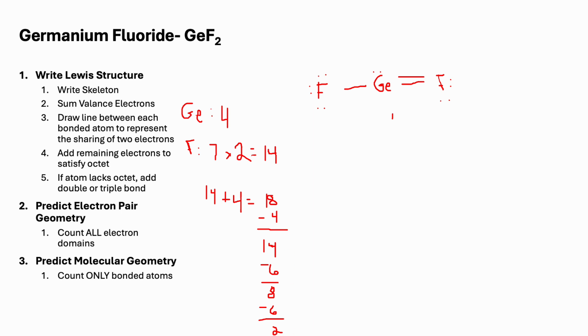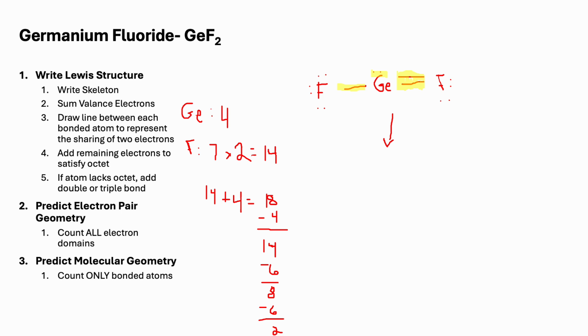And so we are going to predict its electron pair geometry. The electron pair geometry is going to count all of the electron domains. Now, this is the first one we did with a double bond. Remember, a double bond, even though there's 2 of them right there, it only counts as 1 electron domain. So that's 1. This is 2, 3. So it has 3 electron domains.